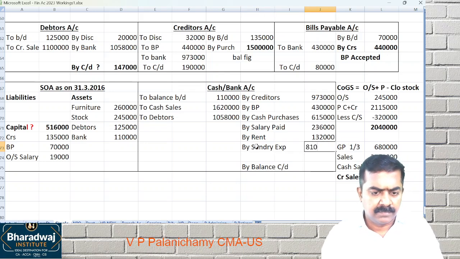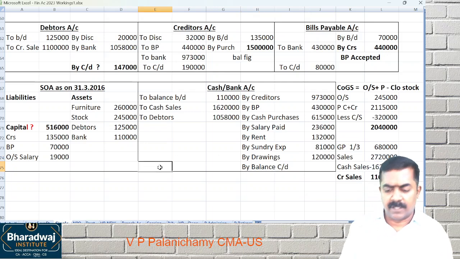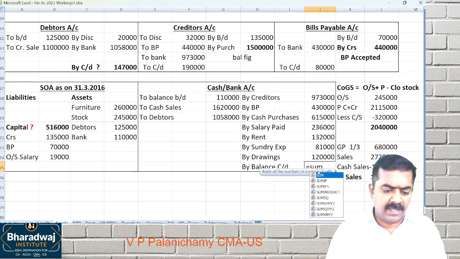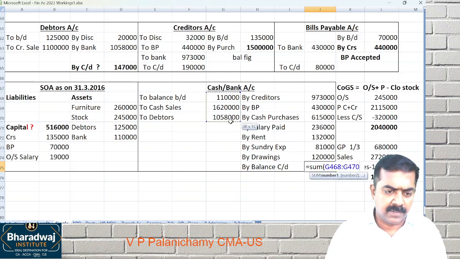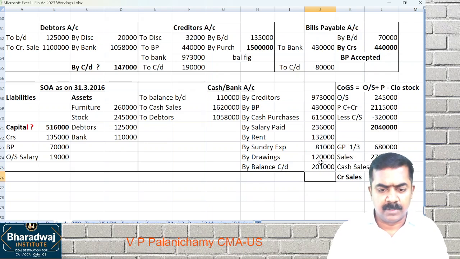Then by drawings. Then look at what is missing. Discount is not a cash item, right? So by balance carry down you can get it as a balancing figure. See whether we have missed anything.